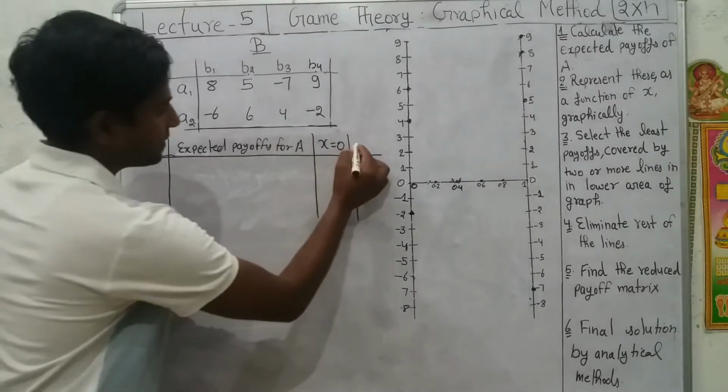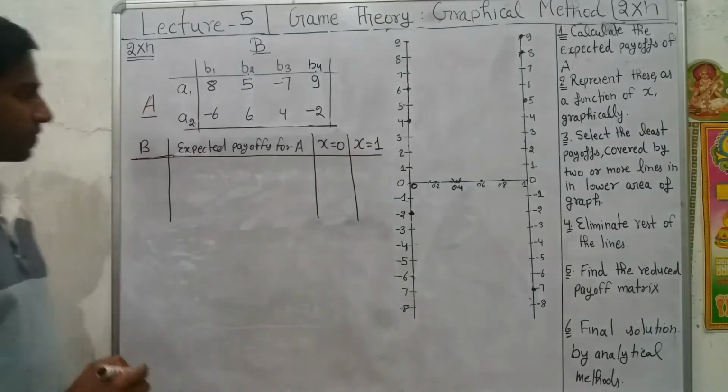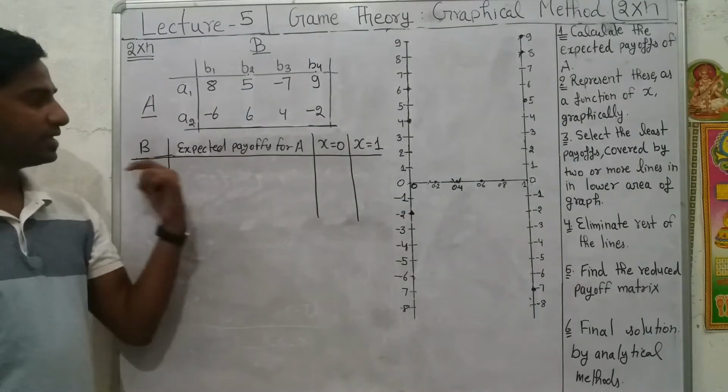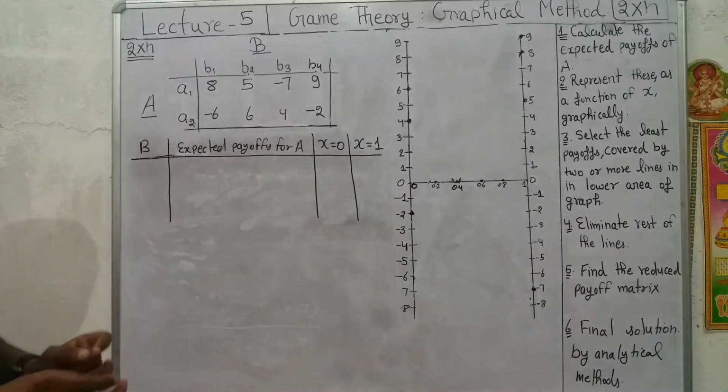And fourth column represents expected payoffs when X is equal to 1. With these headings we proceed to calculate the expected payoffs.